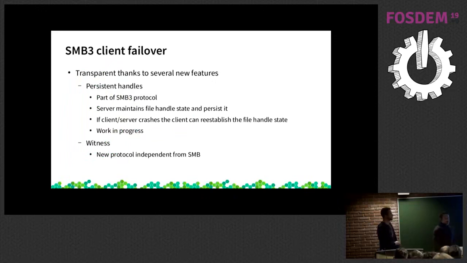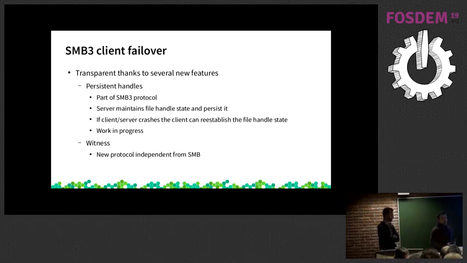In SMB3, Microsoft added new features to the protocol to provide transparent client failover. One is the witness service, which we are going to see how it works now, and another one is persistent handles. I'm just going to give the idea of persistent handles. When the client opens a file in a server, the server has to store what is called the file handle state, which contains information about the leases, the share modes, and the locks.